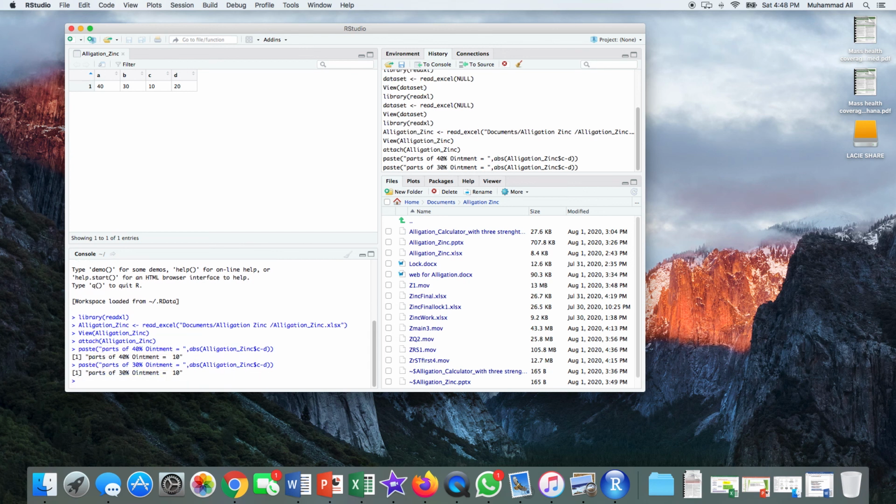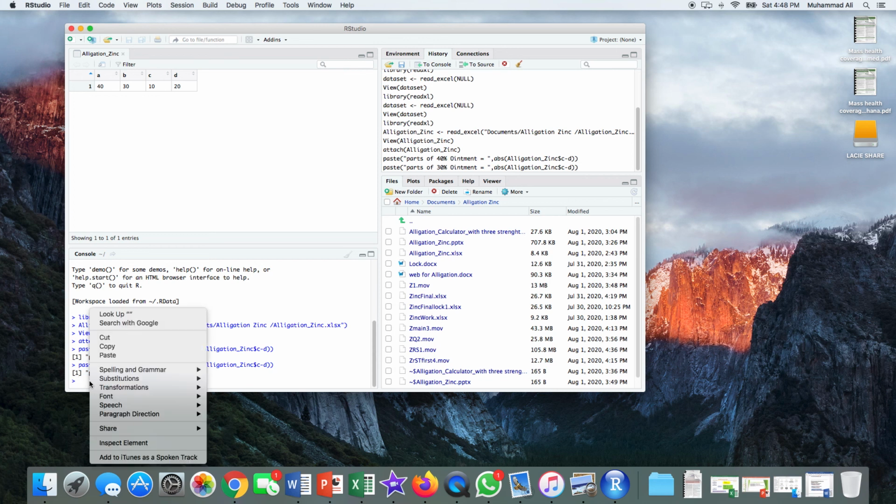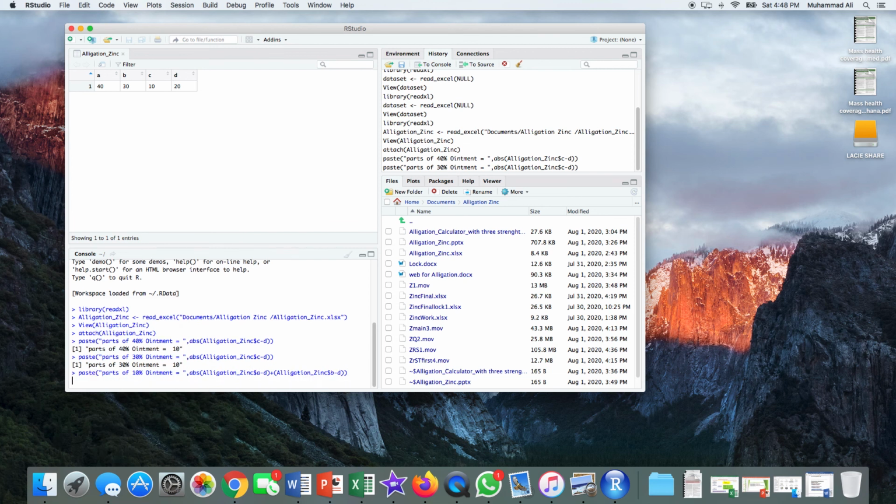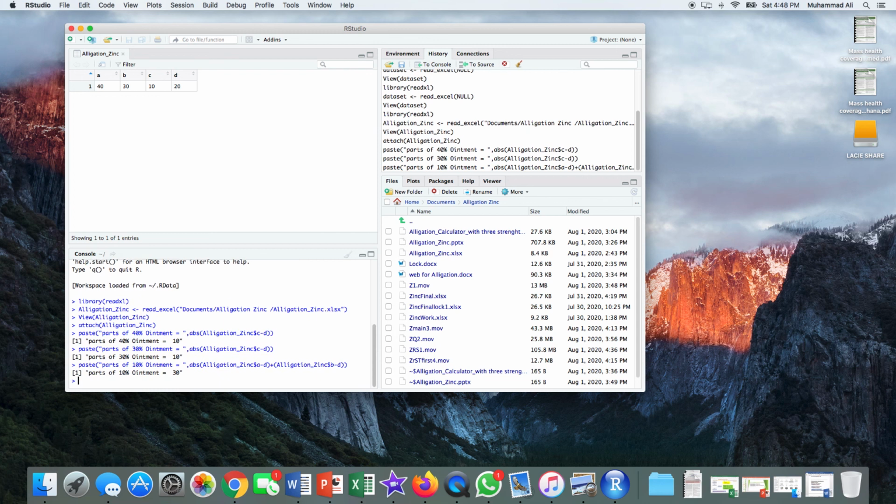So we need 10 parts of 30% ointment to produce 20% of the desired ointment. Now let's see how many parts of 10% ointment are needed. For 10% ointment we need 30 parts. In my next slide I will explain more.